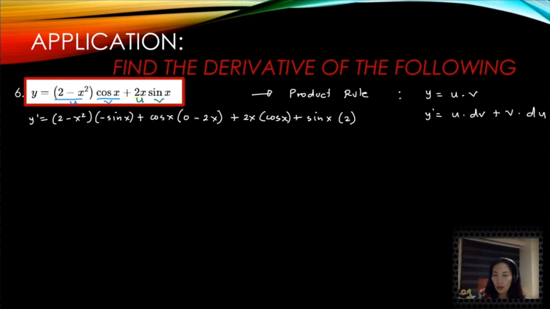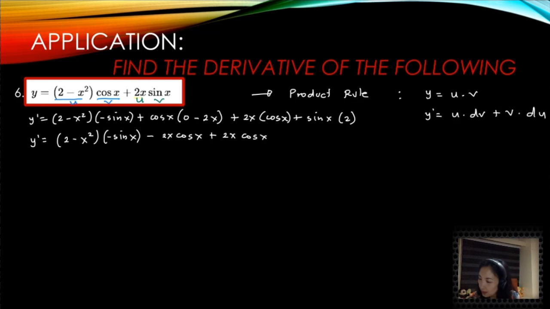Okay, so we're now going to simplify. So your y prime now will be equal to the quantity 2 minus x squared times negative sine x, minus, when I multiply the 2, I'll get the 2x cosine x, plus 2x cosine x plus 2 sine x.